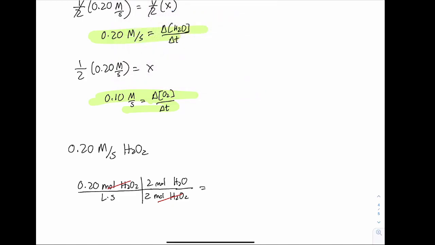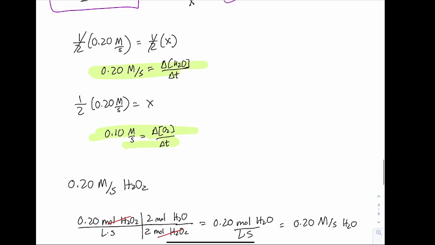So 0.20 multiplied by 2 divided by 2 is equal to 0.20 moles of water, right? Hydrogen peroxide canceled over liter seconds, which we can then rewrite as 0.20 molar per second for water. So same answer that we got up here.